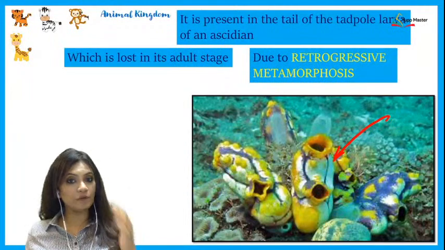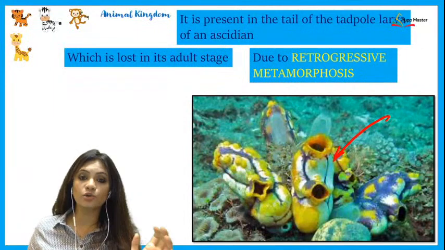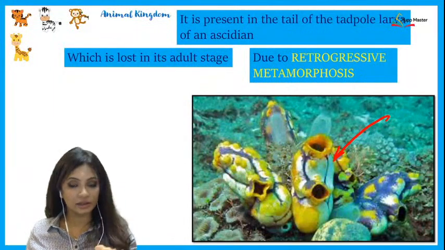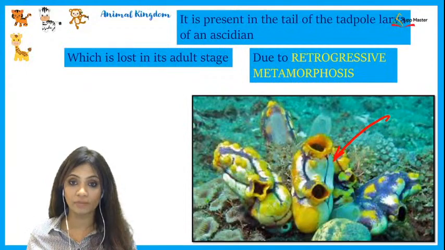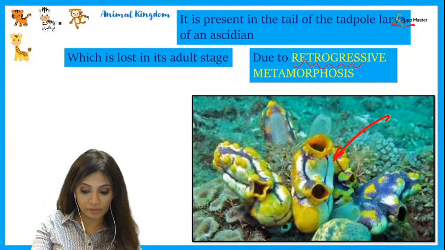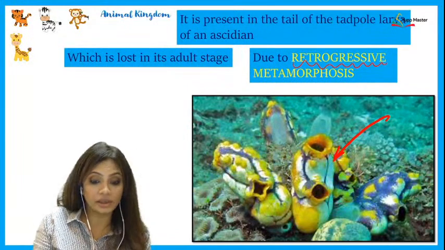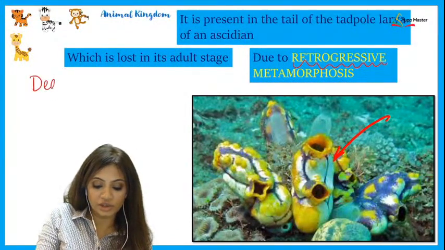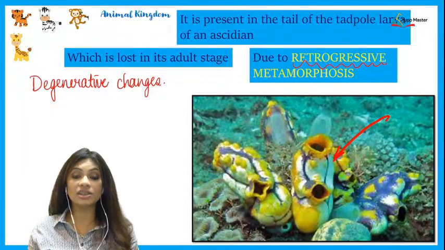Now metamorphosis is the process by which the larva form is going to develop into an adult form, right? That's what we know as indirect development when a larva form is present. Now when I call this retrogressive metamorphosis, this means that there are going to be certain degenerative changes. Degenerative changes in the sense what?